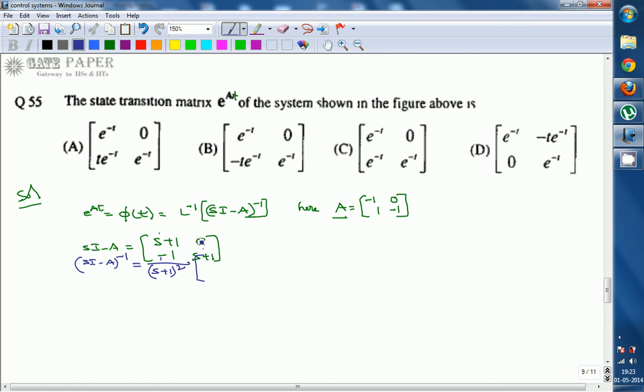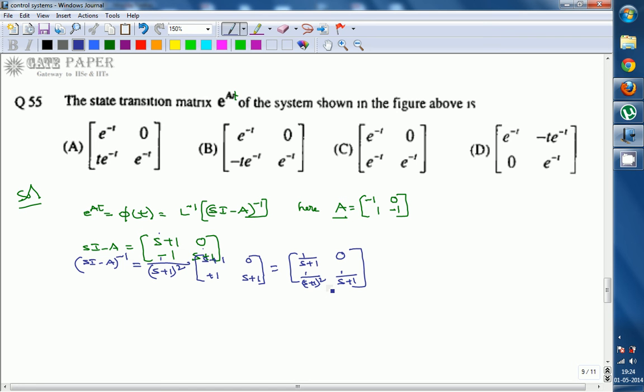To find the inverse for the second order matrix, A and D are interchanged and B and C are multiplied with minus, so 0, and this becomes plus 1. So that is the inverse matrix. We'll get this as 1 by (s plus 1), 0, 1 by (s plus 1) whole square, and 1 by (s plus 1).